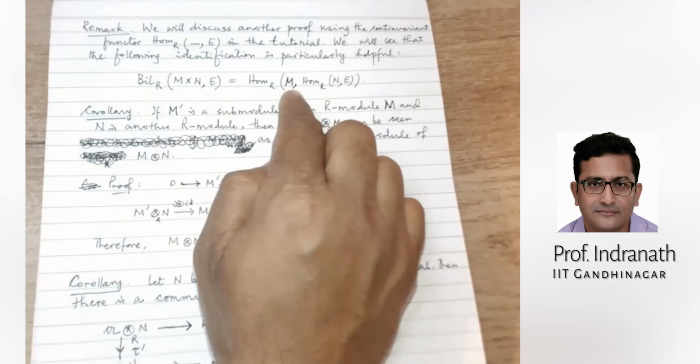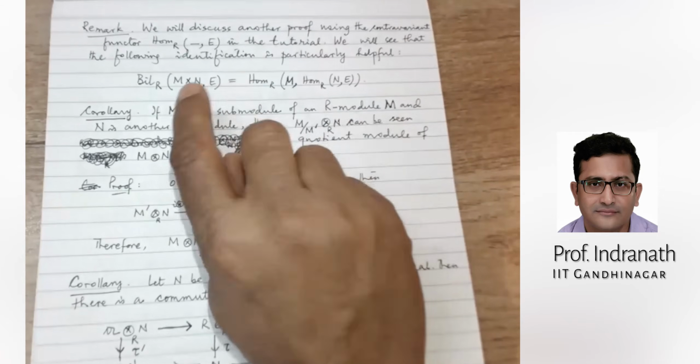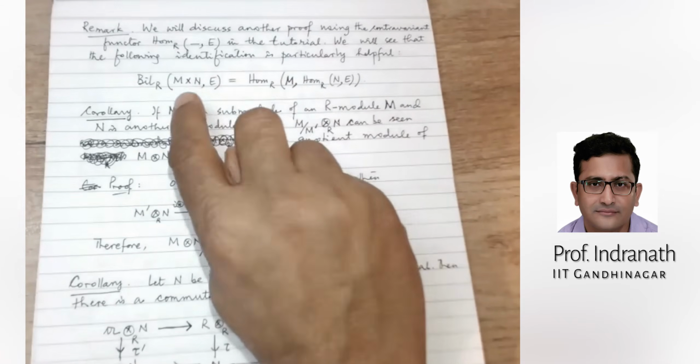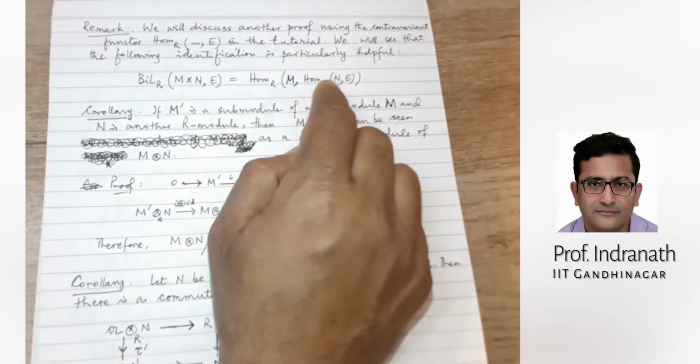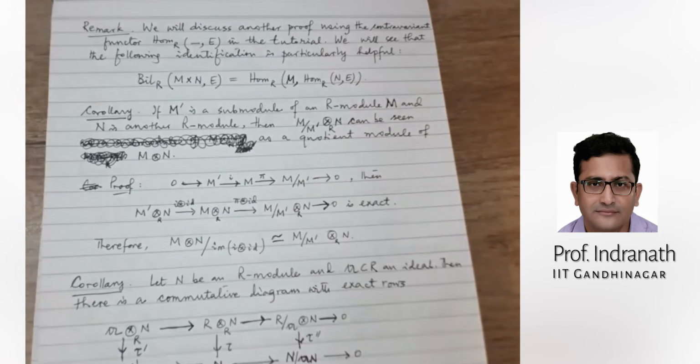What I mean to say is that if you have a bilinear map, it automatically gives rise to a linear map from M to Hom(N, E), in the sense that you fix one element in N. Suppose you have the bilinear map from M cross N to E; if you fix an x in N, then you can define a phi_x, and that will be a linear map.